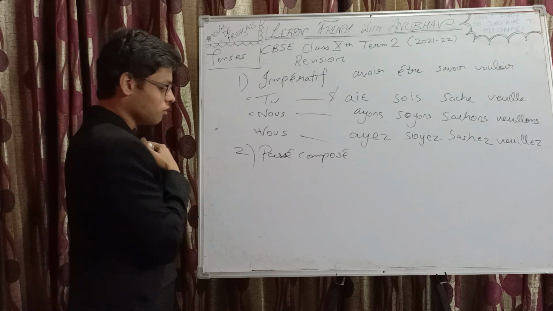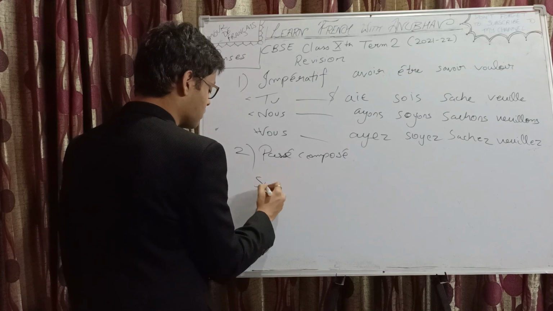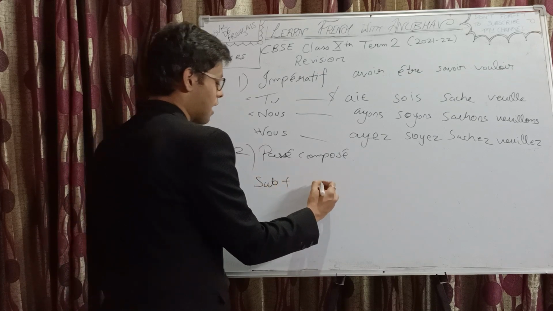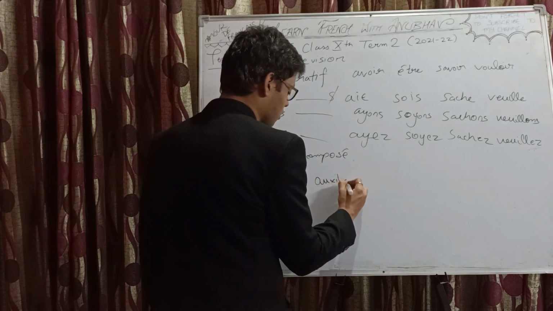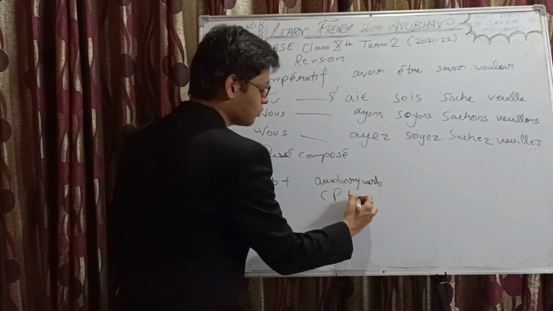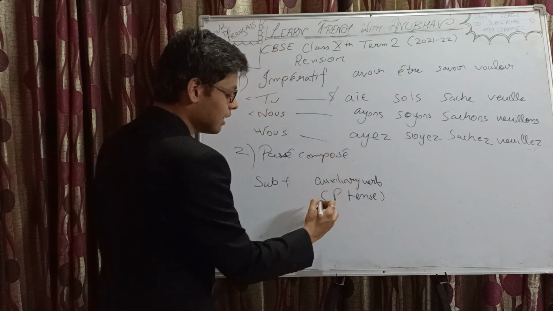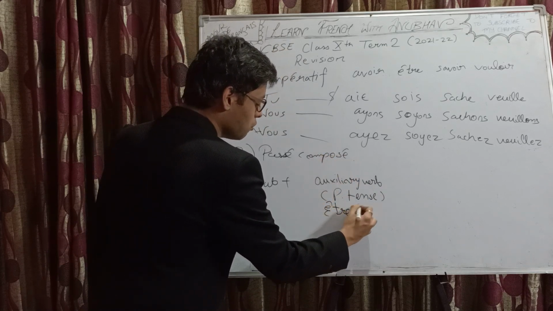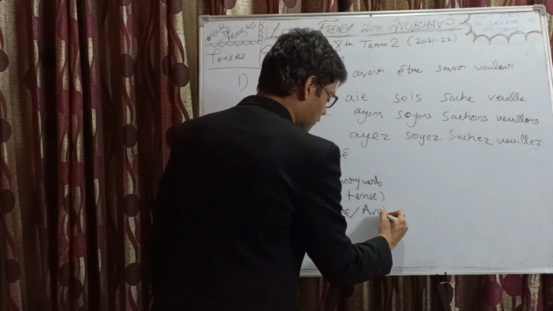Talking about the formation, we have the subject, then the auxiliary verb in present tense conjugation. We have 2 auxiliary verbs, either être or avoir.